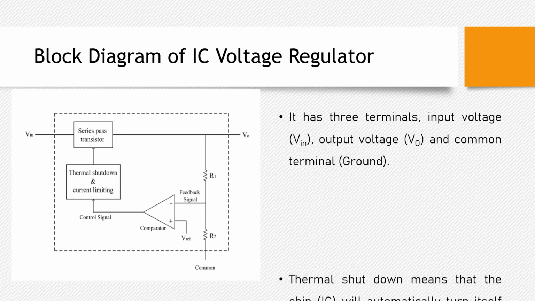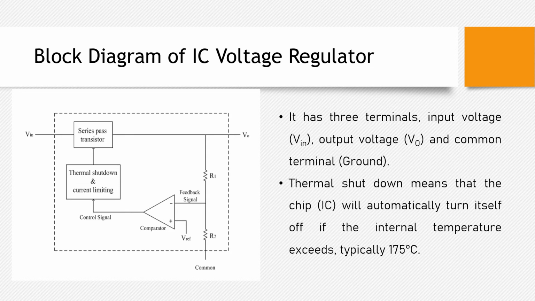The thermal shutdown means that the IC chip will automatically turn itself off if the internal temperature exceeds 175 degrees centigrade, and current limiting is a circuit which turns off the IC automatically when the current exceeds a particular limit for this IC regulator.